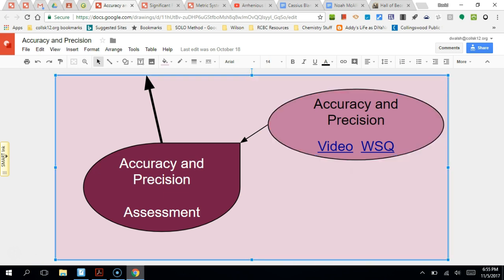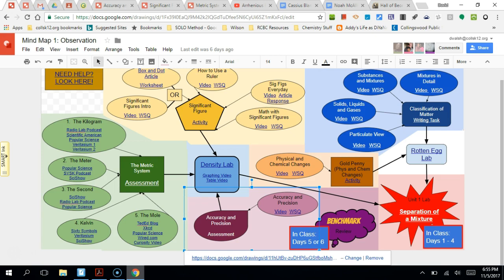So I think that you may have 2 or 3 questions dealing with data and data interpretation and trying to figure out what's going on with that data. It's going to be very similar to your analysis for the density lab.